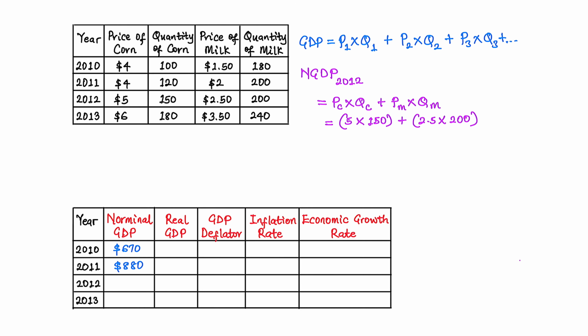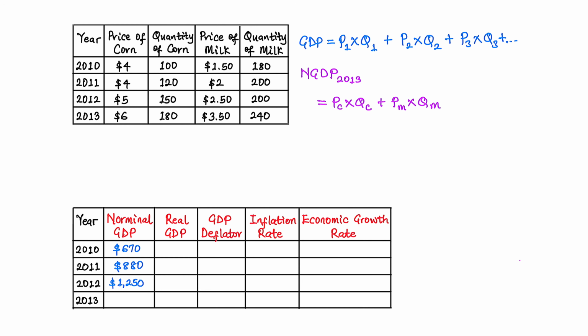So simplifying, we have 5 times 150, that's 750, plus 2.5 times 200, that's 500. That will give us a sum of 1,250. So that means the nominal GDP in 2012 is $1,250.